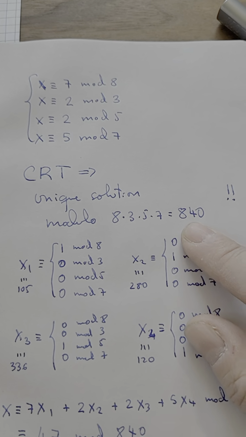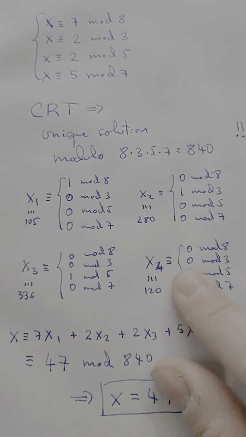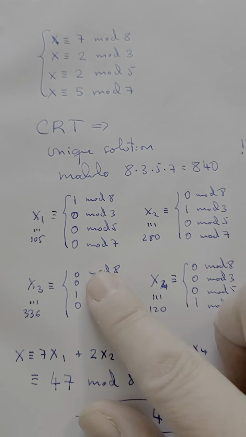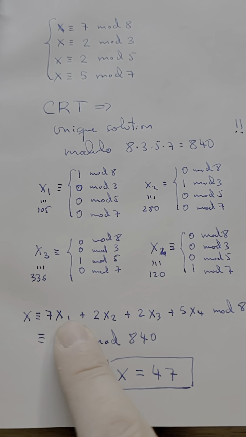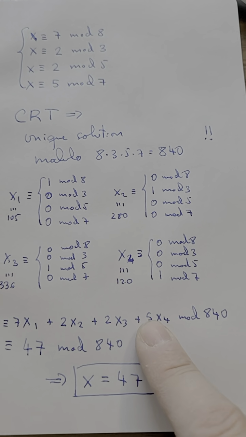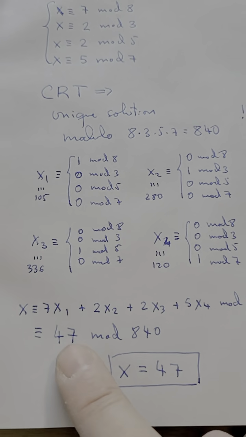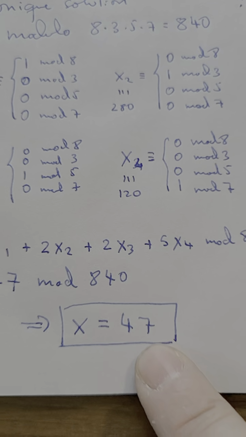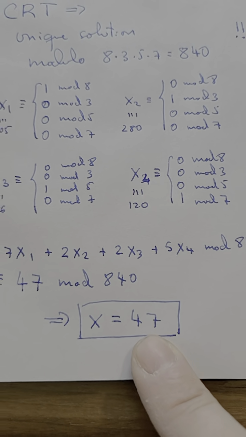So there is a solution modulo 840, and I will spare you the details of how I found it, but using these simpler problems, I can get that x is 7x1 plus 2x2 plus 2x3 plus 5x4 modulo 840, and if you simplify that number, that is 47 modulo 840, so the solution we were looking for is 47. 47 is 10% of 470.